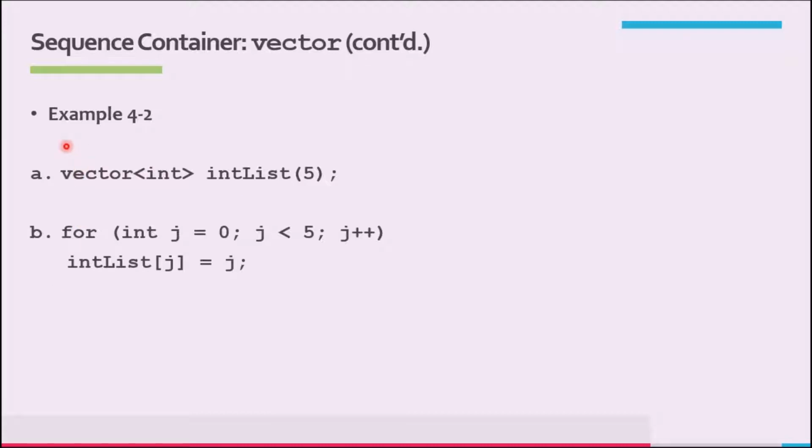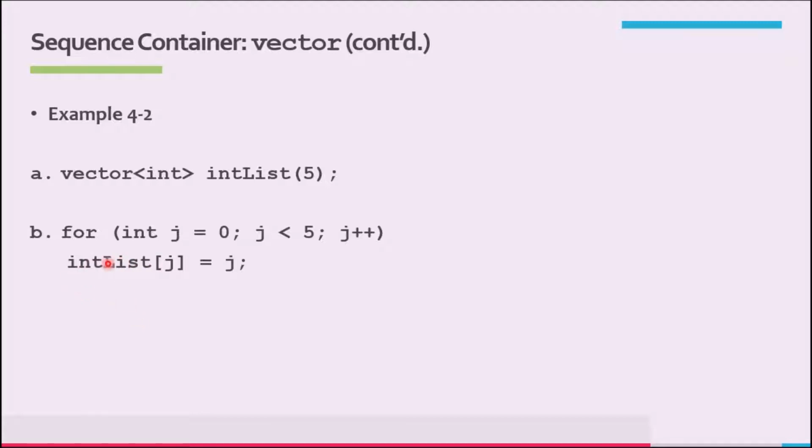So referring to example 4-2 here, for letter A, consider the following statement, which declares intList to be a vector container of size 5, and the element type is integer. On letter B, you can use a loop such as the following to store elements into intList.